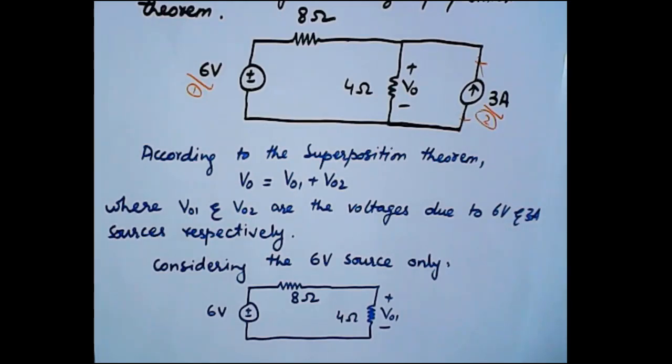Here, as you can clearly see in this question, we have a voltage source that is connected in series with two resistances of value 8 ohms and 4 ohms, and we need to find the voltage across one of the resistances. So the best method to apply in this particular case is the voltage divider rule, because it directly gives you the voltage across the resistance, right?